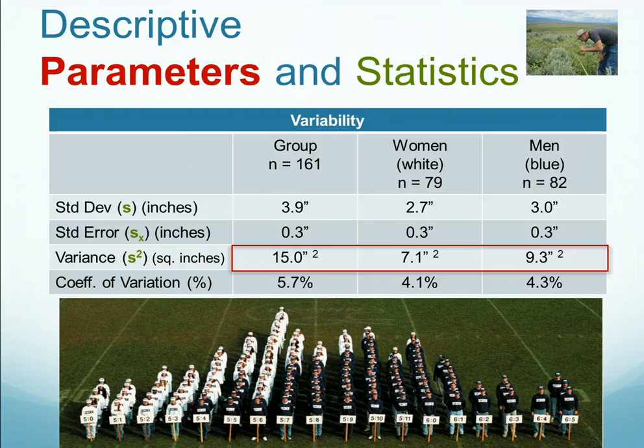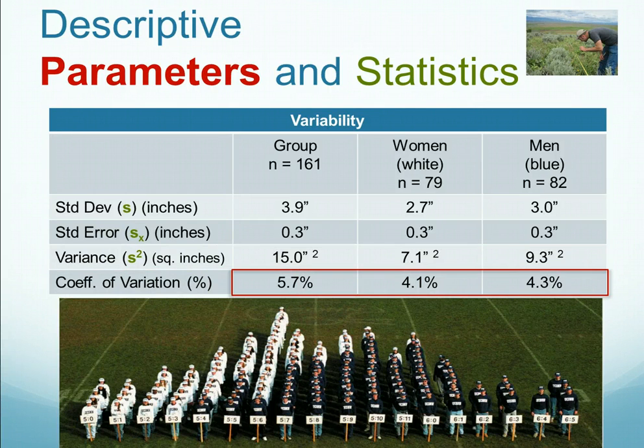Variance is not often used when we're describing populations because the units of variance are squared, and so then they do not match the units of the mean. And the coefficient of variation is a description of variability or dispersion that we use when the magnitude of the means is very different.